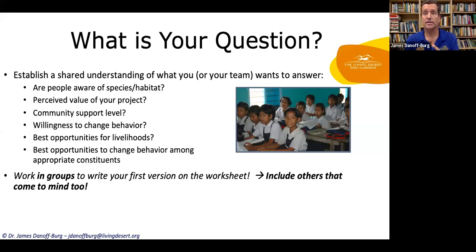Who are you asking? Well, how would they perceive the value of your question or of your project? Does the community already completely support it? In which case, you're not going to be able to change much behavior. Right? Are there opportunities for livelihoods that you could build into this? So jot these things down on your piece of paper, on your worksheet.